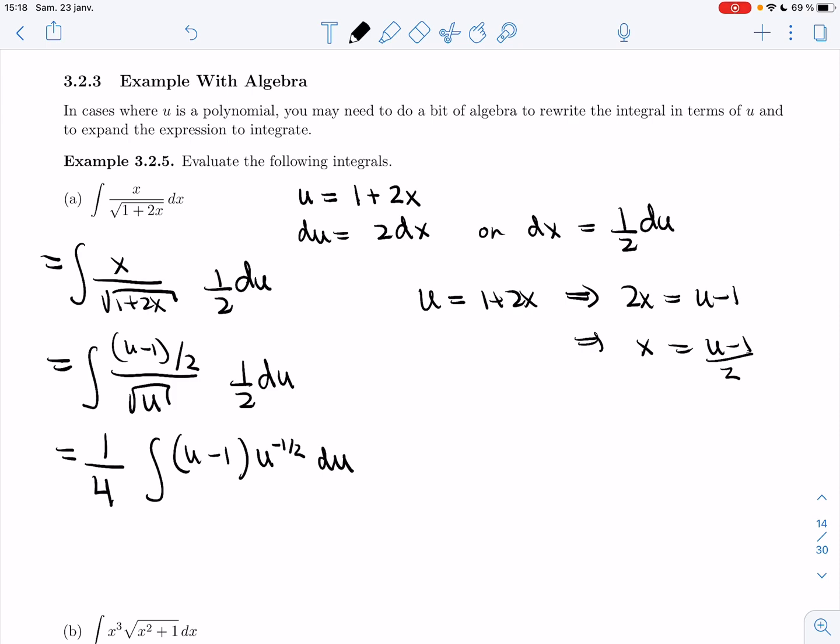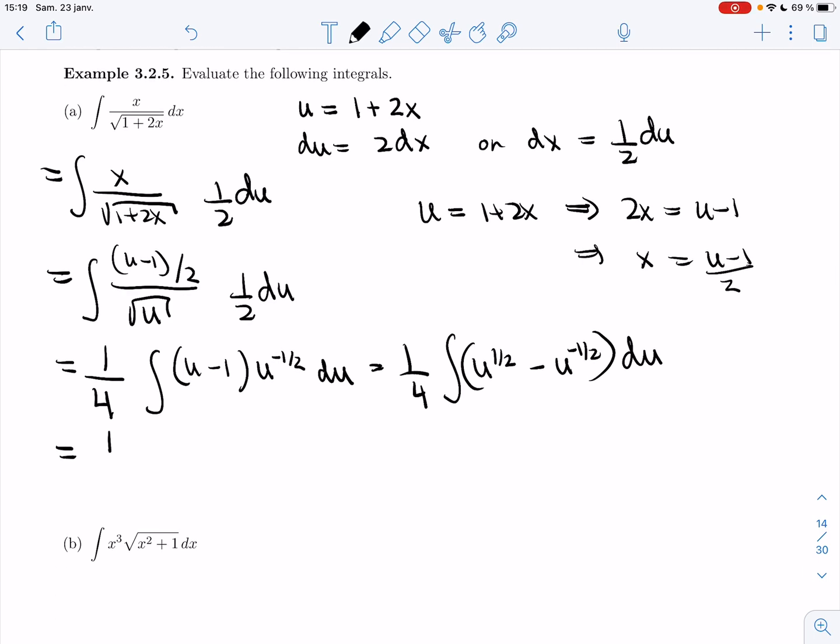This is the function I need to integrate, and it looks a lot like the functions that we looked at earlier before we did substitution, where you couldn't split it because it was a product and you had to FOIL. Here we'll just expand, and so we'll get 1 over 4 integral of u to the 1/2 minus u to the minus 1/2.